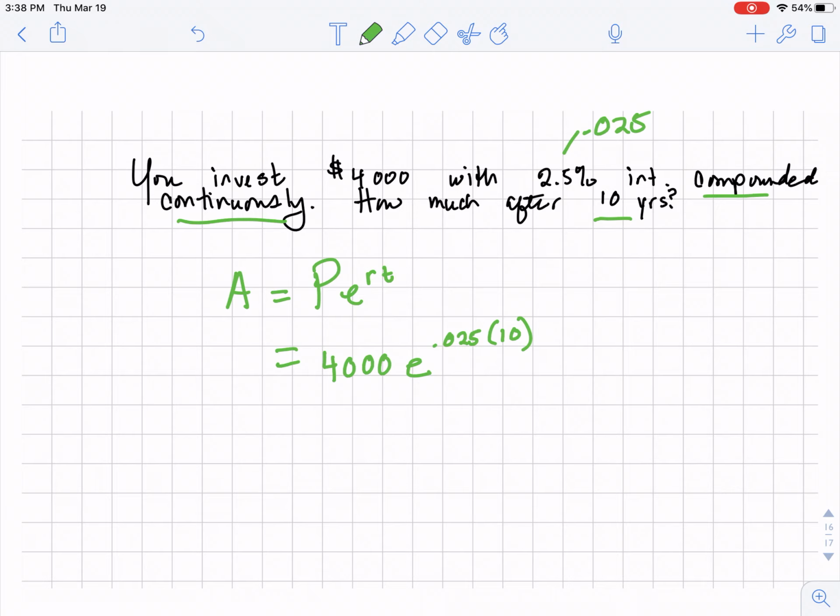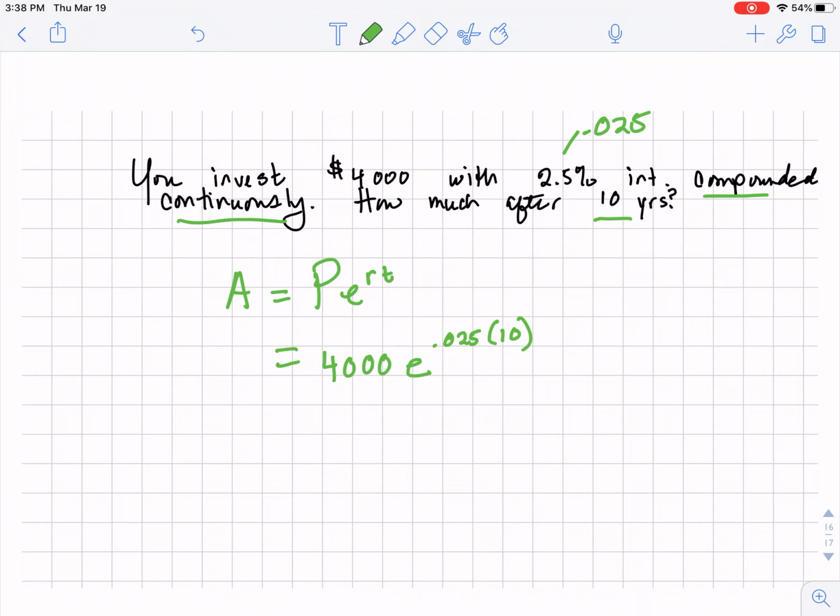So here's what I'm going to do. You ready? Here we go. This is going to be 4,000. See if this works on my calculator. Times E. Whoops, that didn't work. I have to do something different. Hold on, I screwed up. E to the 0.025 times 10 equals that.